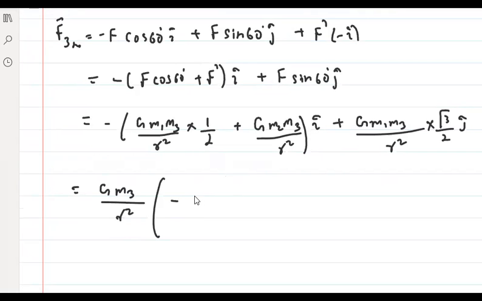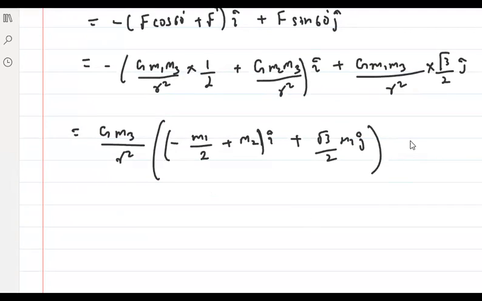So it will be minus m1 by 2 plus m2 i cap plus root 3 by 2 m1 j cap. I haven't put the value. It is just the formula. Put the value, you will get the answer. Yes or no?